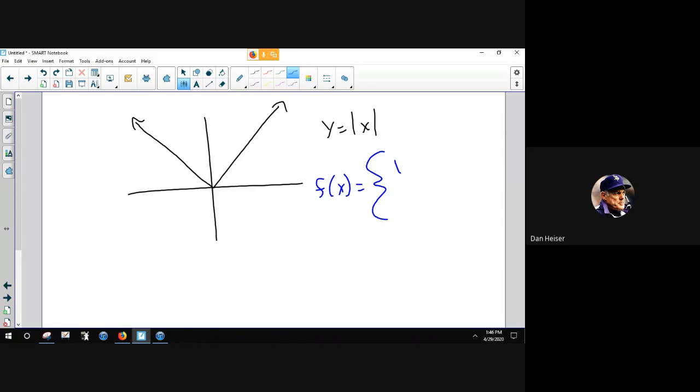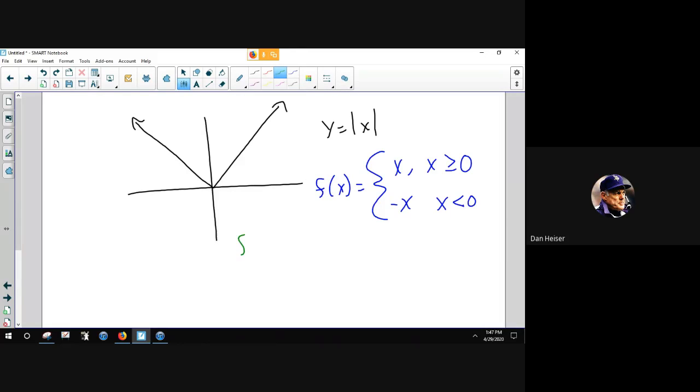When x is positive, we just write it as x. When x is greater than or equal to 0, we write it as x. When x is less than 0, when x is negative, we write it as negative x. Absolute value is a piecewise function.